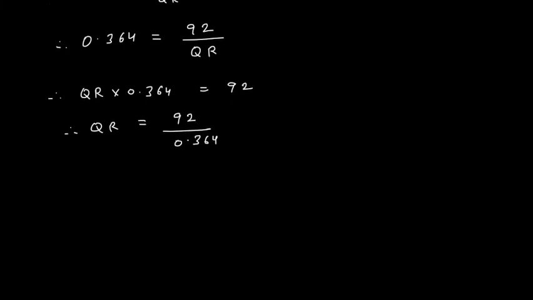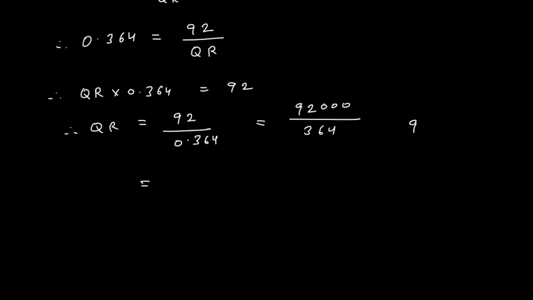Now to calculate this value, as we have seen that there is a table for tangent, similarly there will be a table for reciprocal numbers. From there you can find the reciprocal of 1 upon 0.364 and then multiply, or simply here you multiply and divide by 1000. So the numerator will become 92,000 and the denominator will become 364, and then you simplify it.